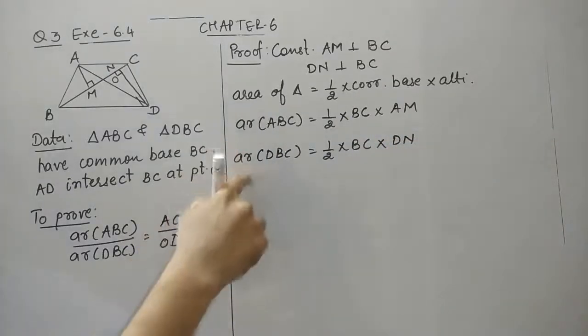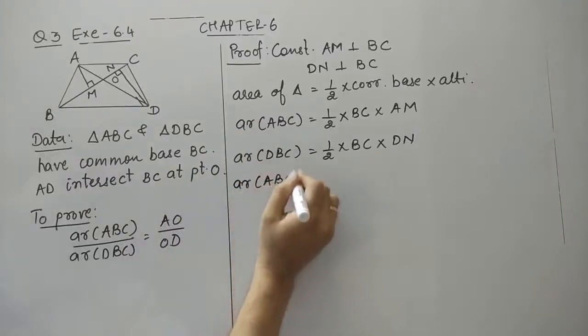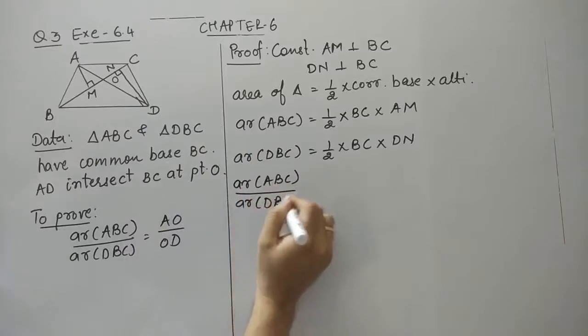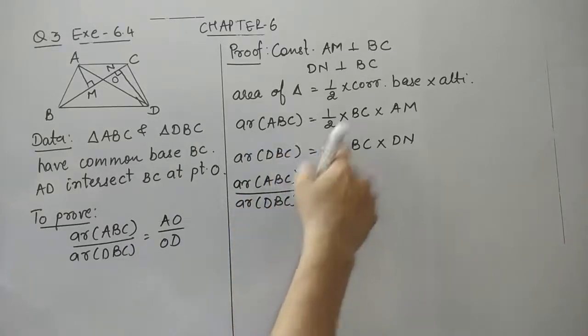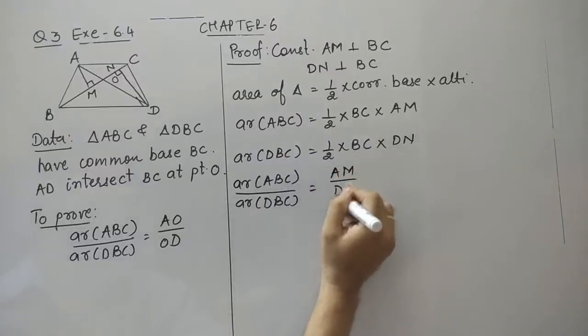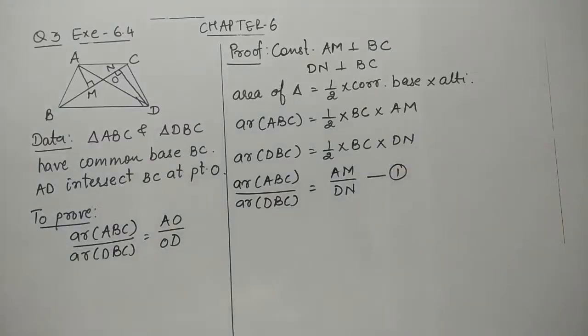As we require the ratio of area of ABC to area of DBC, half as well as BC will cancel, so we get AM upon DN. This is what we utilize later on. But we do not require AM and DN, we require AO and DO. So we have to show that these two ratios are the same.